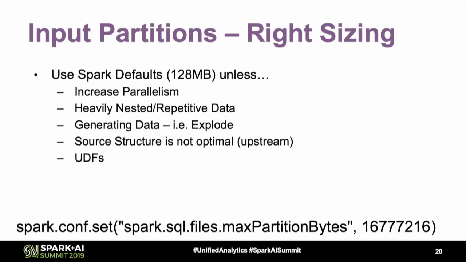If it's like a bunch of arrays of structs of arrays and they have a really big skew, you might need to shrink that down because that also might blow up in memory. And then non-vectorized UDFs. We'll talk about this more at the end, but non-vectorized UDFs, because they can't be fully serialized in Tungsten, and because they come out of Tungsten and go to row compression, those are actually going to take up a lot more memory. So we'd want to size this down maybe if we're using non-vectorized UDFs.